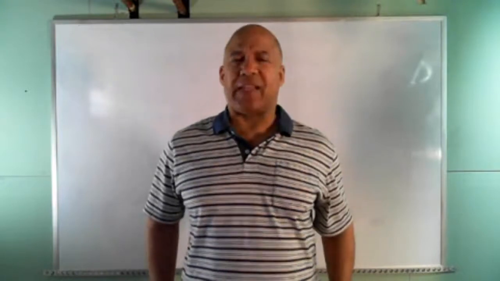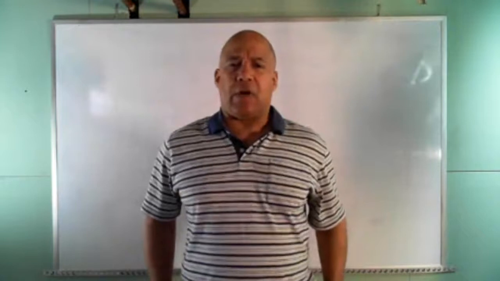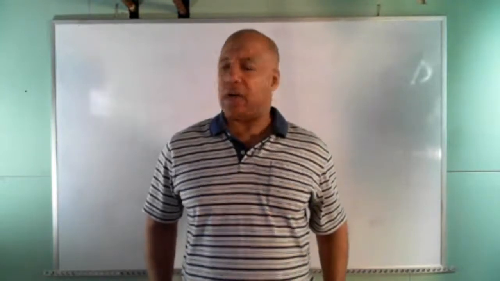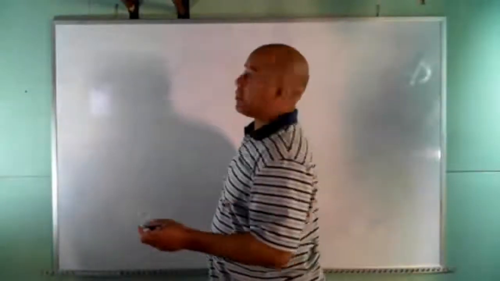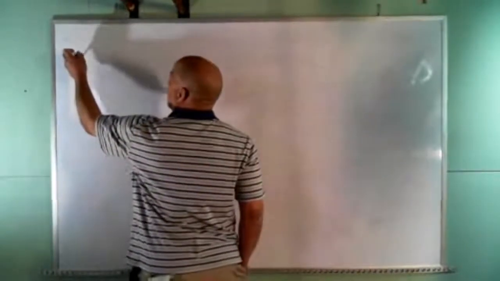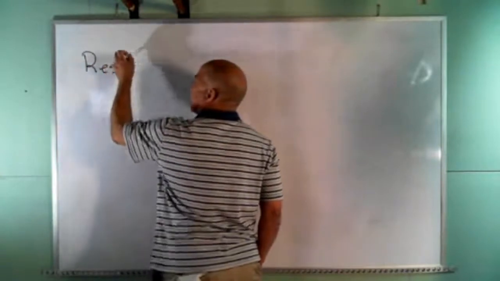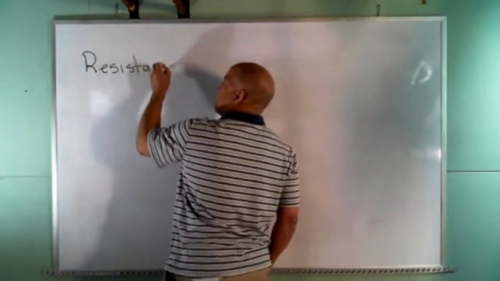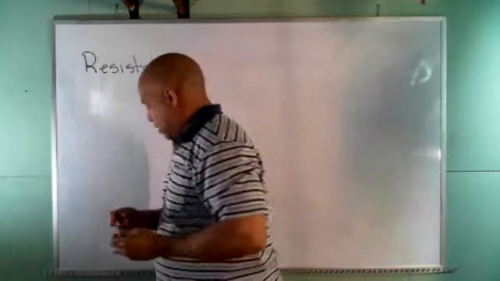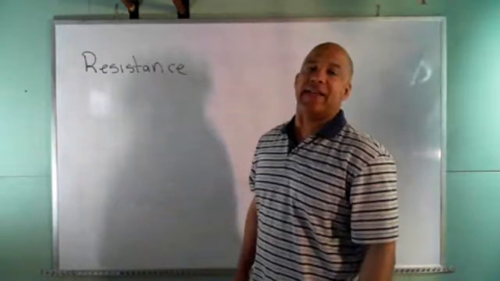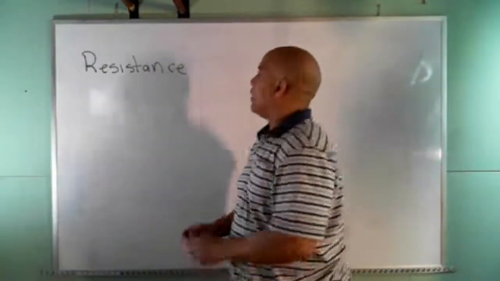I think that's it. I want to go back to a conversation we had in the last lecture. We talked about a couple ideas, a couple of oppositions. We talked about resistance, and I mentioned to you that resistance exists in both AC and DC circuits.